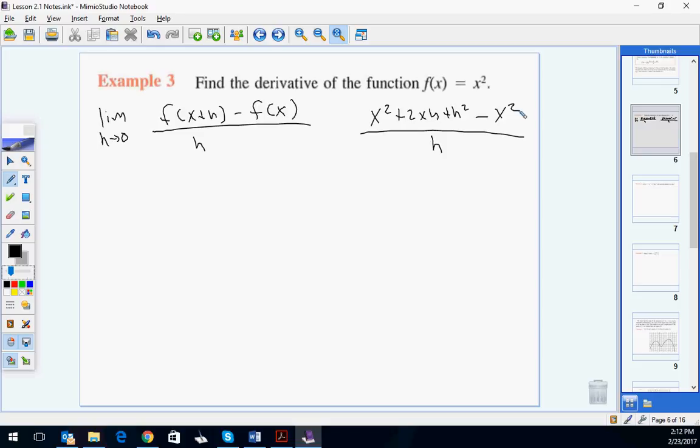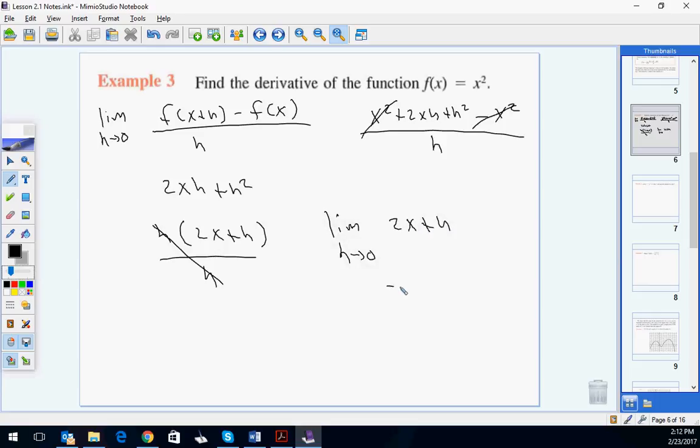Okay, so then I know that these go away. I get 2xh plus h squared. They have an h in common again, which makes us happy. 2x is the equation of the tangent slope. 2x is the derivative of x squared.